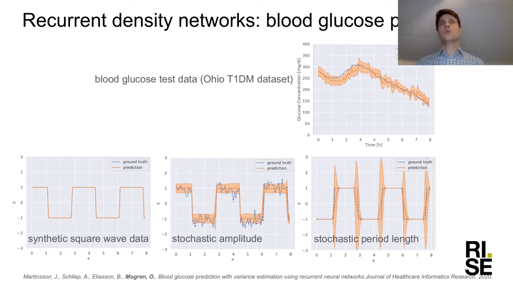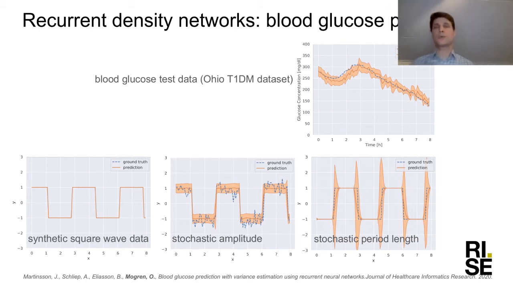To explore more of what we're learning with this mixture density networks approach, we trained it using synthetic square wave data, as you can see here on the bottom line. In the leftmost picture, we have a deterministic wave, and the model, as expected, learns when to switch state and fits perfectly to this generated data. In the middle image, we vary the amplitude randomly, and the model does recover the square wave with an estimate of the variation of the stochastic amplitude.